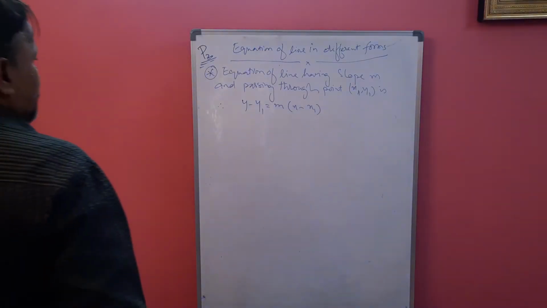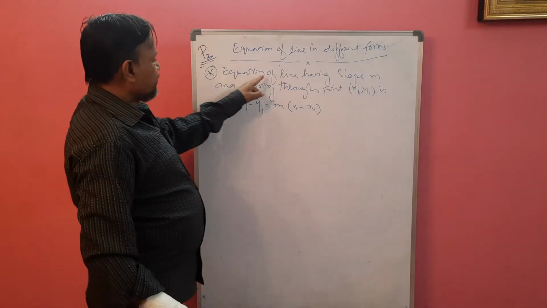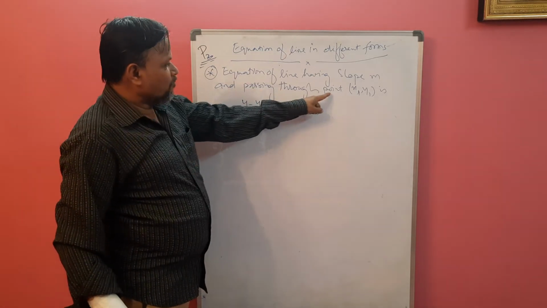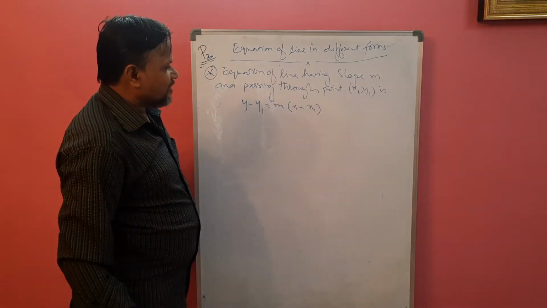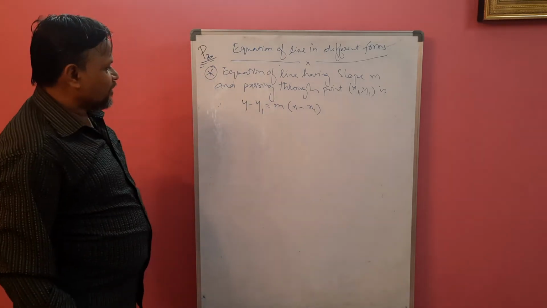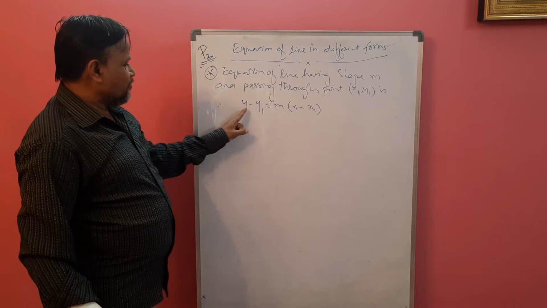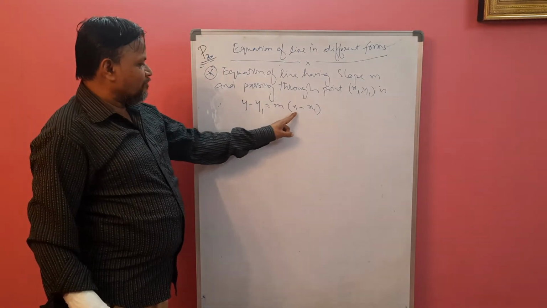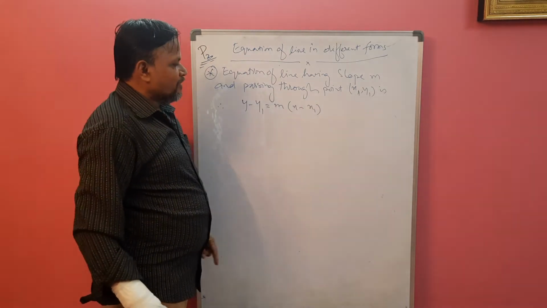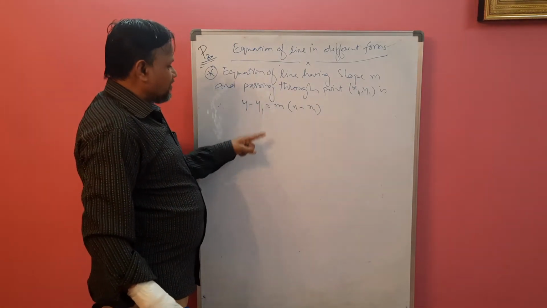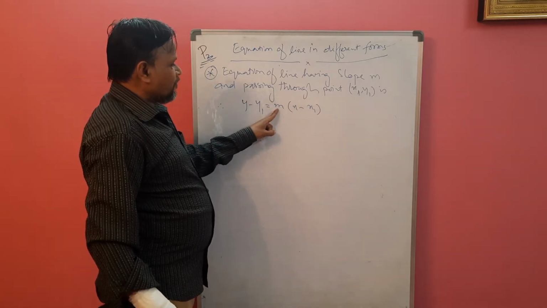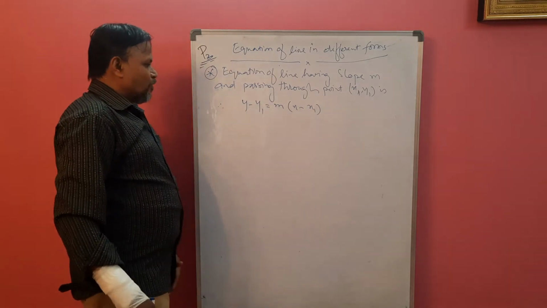Now another equation of a line. Equation of a line having slope m and passing through the point x1, y1. Okay, slope is m, passing through the point x1, y1 is: y minus y1 equal to m times x minus x1, where x1, y1 are the point through which the line is passing, x, y are again the axes, and m is the slope.